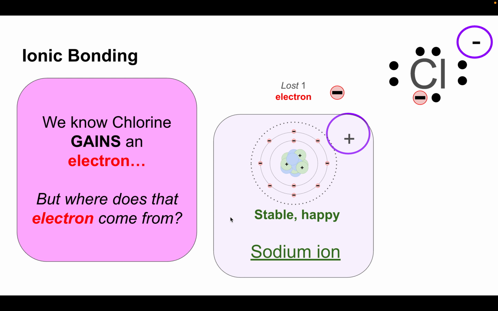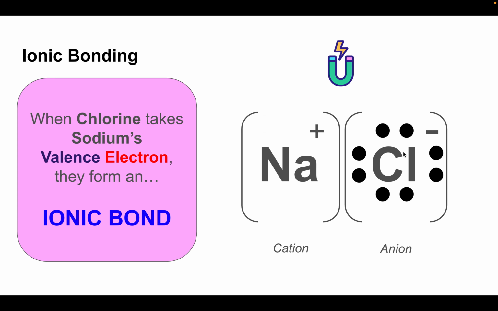Well, remember, sodium had 1 valence electron, and it really wants to get rid of that so that it has an outer shell of 8 to satisfy its octet rule. So when sodium wants to lose this electron, chlorine is going to take it. And when that happens, when chlorine takes sodium's valence electron, they form an ionic bond.